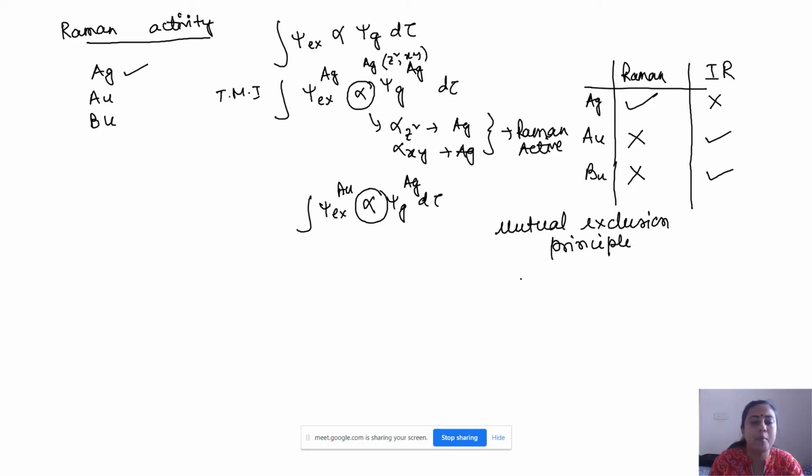That means the molecule which is having, this is true only for the molecules having center of symmetry, that is I. Molecules which are having center of symmetry, the normal modes of vibration which is IR inactive would be Raman active, and which are IR active would be Raman inactive. So this is called mutual exclusion principle.